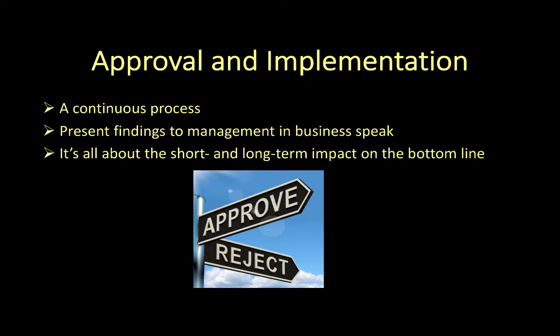If management supports the BCP policy and is fully engaged and trained in BCP, usually trained by the BCP team, approval of an overall plan or a plan for specific system is not difficult. But any approval requires the team to present its findings and recommendations in a way management cares about. When making any risk management presentation to management, it is always about the impact to the bottom line.